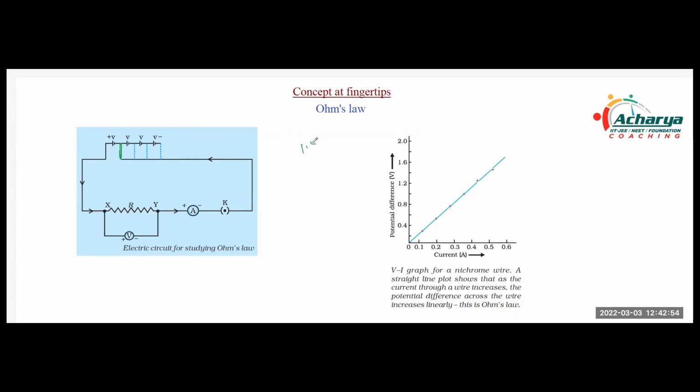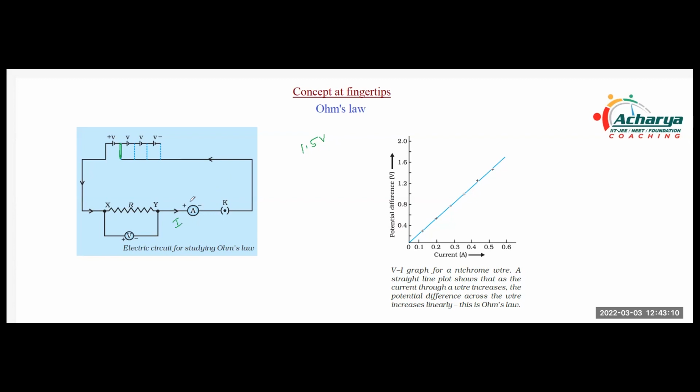So let us see first when we connect only the first cell. The first cell is 1.5 volt. We are connecting only the first cell, which means the voltage we are providing is 1.5 volt. Then there will be some current flowing through the circuit.